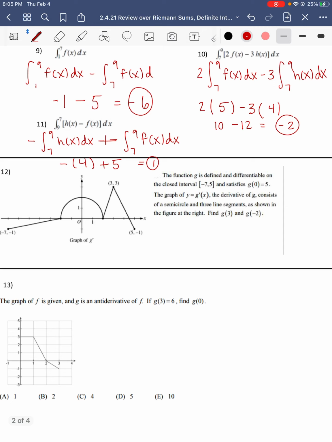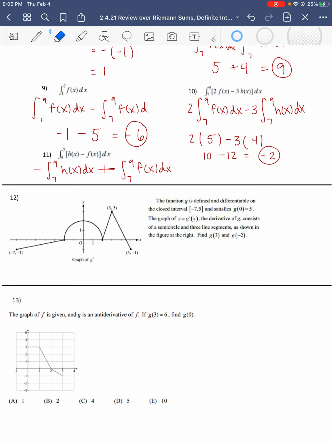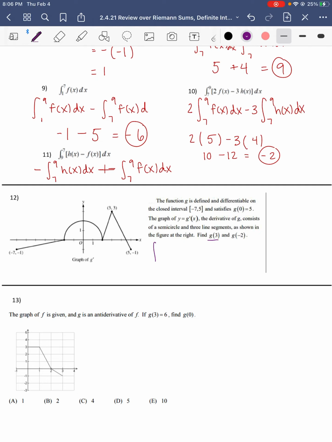Alright, 12. Erase this. So this time we're going to be finding our values using area under the curve, and we're actually going to have to calculate the area. So I'm going to start with finding g of 3. So for g of 3, that would be the integral.